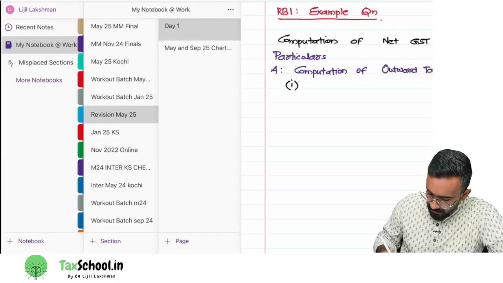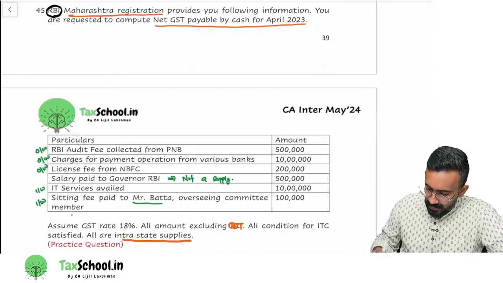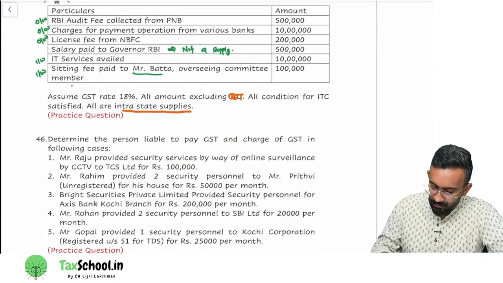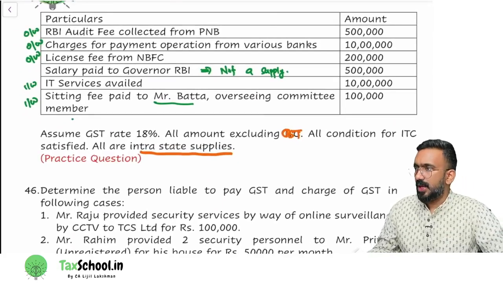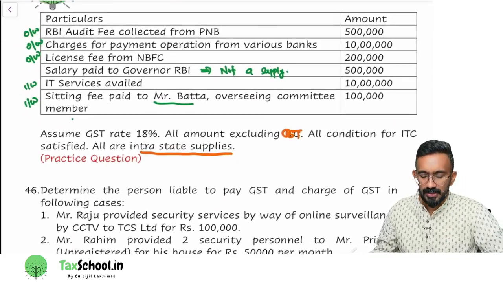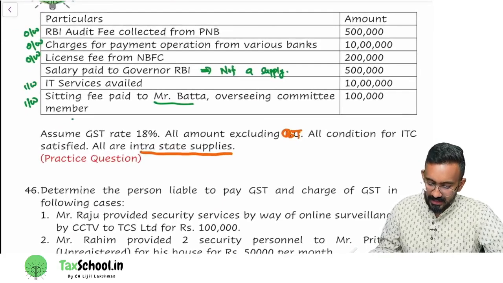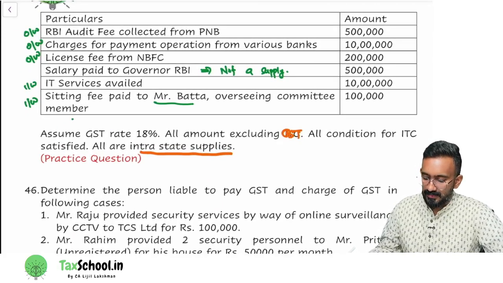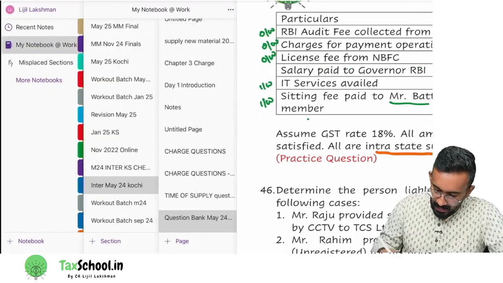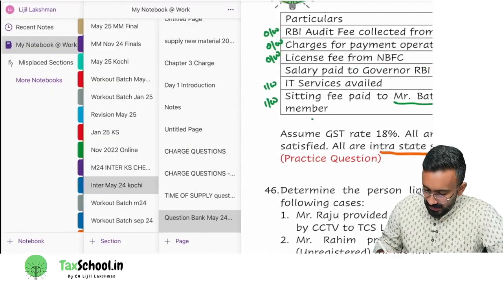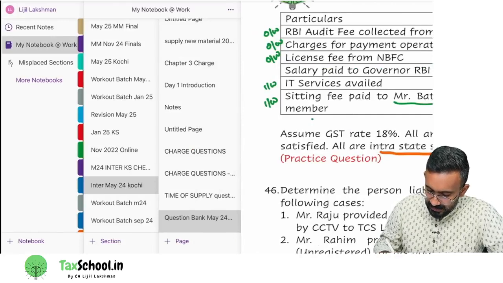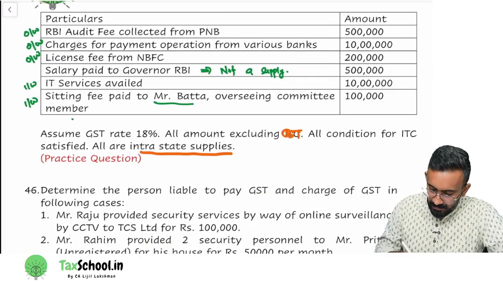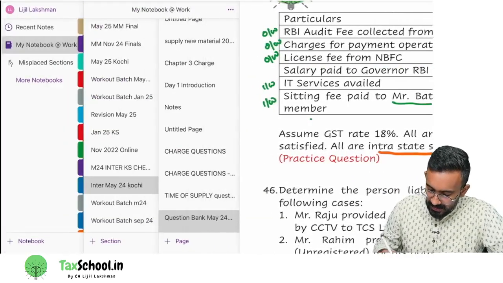In my question, what are my outward supply? I have RBI audit fee from Punjab National Bank, which is 5 lakh. Charges for payment operation from various banks, 10 lakhs. A license fee from NBFC, 2 lakh. Are they all taxable? Yes, services provided by RBI are now fully taxable. Audit fee 5 lakh, payment operation 10 lakh, license fee 2 lakh.